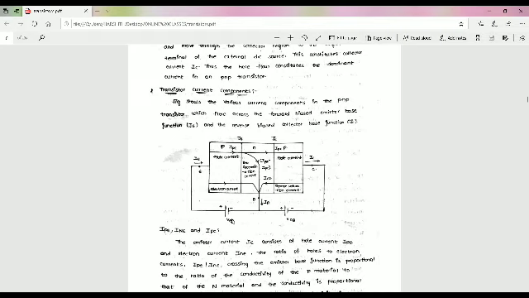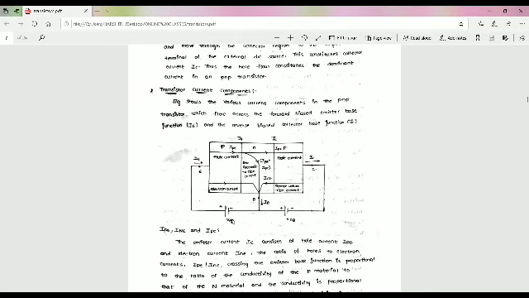Doping means adding the impurities. If doping is more, conductivity is more. Okay, and if the doping is less, conductivity is less. In commercial transistors, the doping of the emitter is made much larger than the doping of the base. Why? Because the emitter is heavily doped and the base is lightly doped. So hence emitter current IE is mainly due to the holes in PNP transistors.